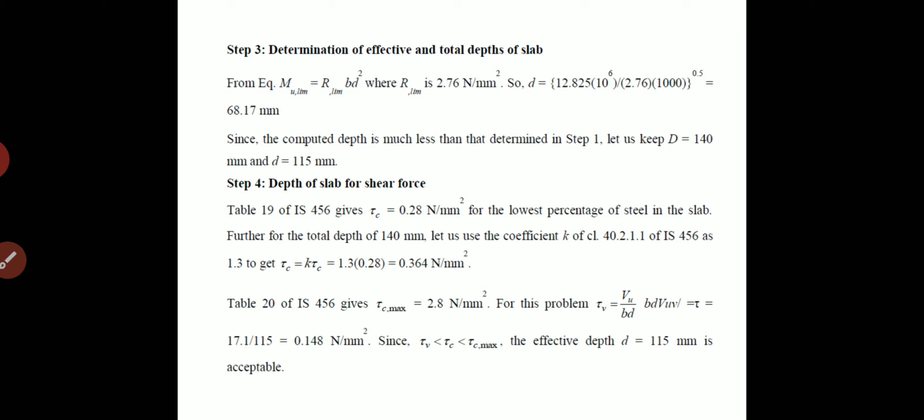So d equals 68.17 mm. Since the computed depth is much less than that determined in step 1, let us keep capital D, which is the overall depth, equal to 140 mm, and small d equal to 150 mm, which is the effective depth.